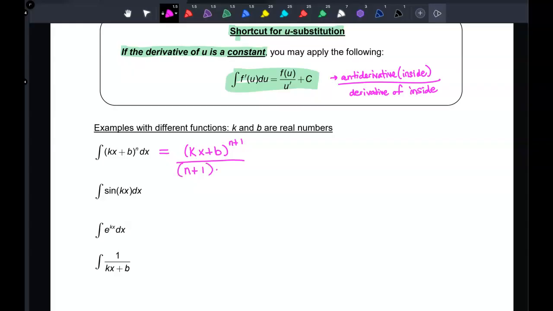And then I have to also divide by the derivative of kx plus b. Well, the derivative of kx would be k. b is a constant, so that just goes away. That's 0. So we're basically doing backwards chain rule. We're always going to divide by the derivative of the inside, again, if the derivative inside is a constant.